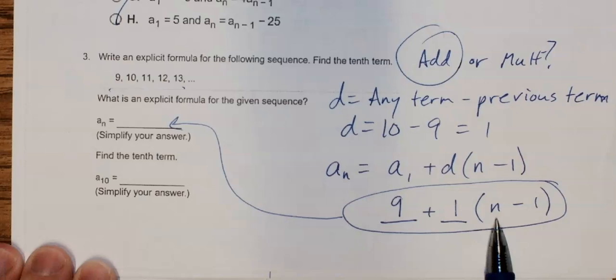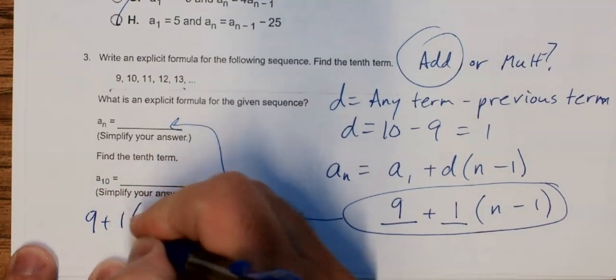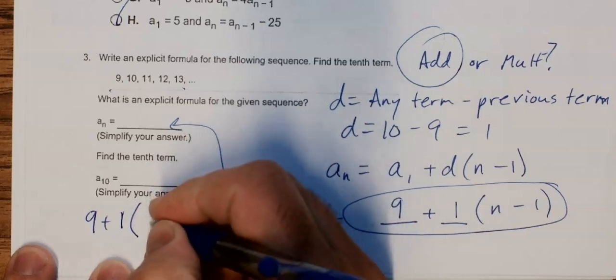Take a stab, come on. Alright, we'll pass it off. Alonzo Rangel, what do you think we should plug in for n to find the 10th term? How about a 10? Thank you very much. 9 plus 1. That's what you were going to say, Abbott, wasn't it? You were going to say 10, and you would have been correct.